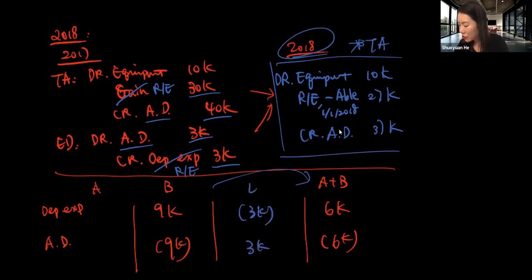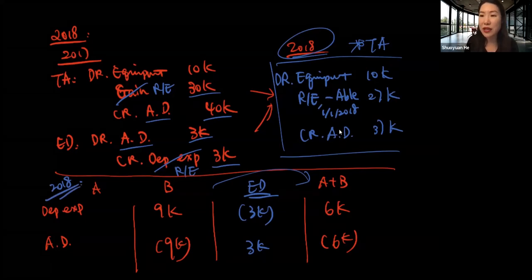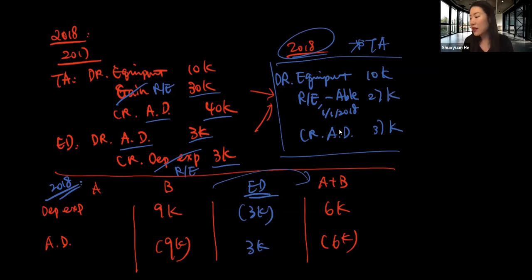And this entry is the ED entry in the year 2018. So even though this entry looks the same as the one we make in the year 2017, we need to repeat this entry every year. Even though it looks the same, it is another entry. So this is what we do in the year 2018.